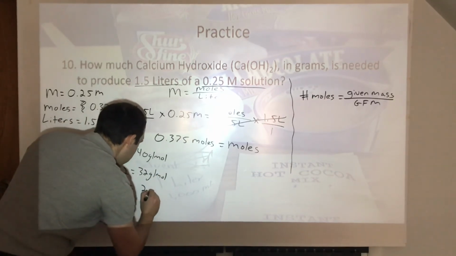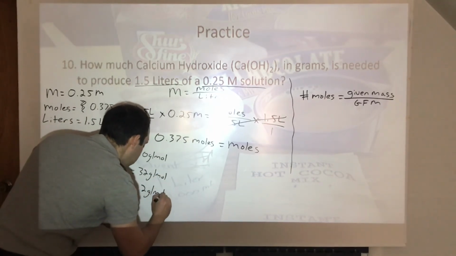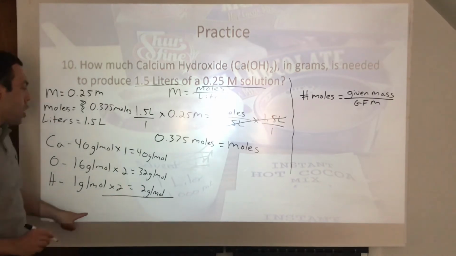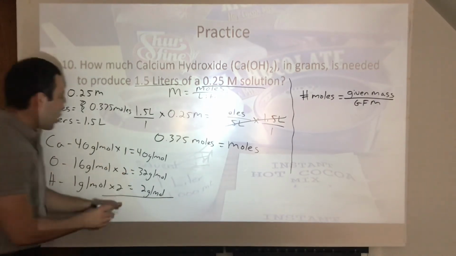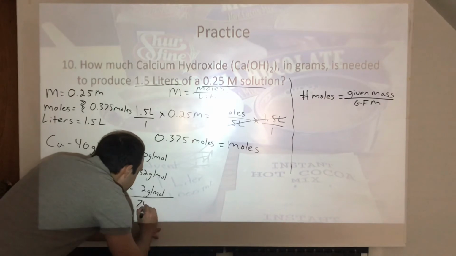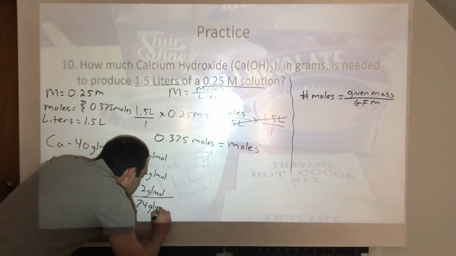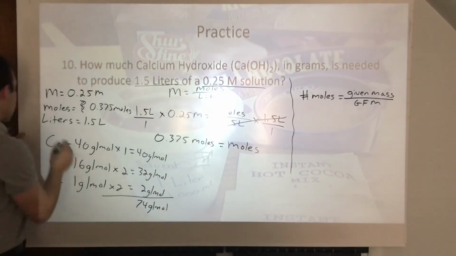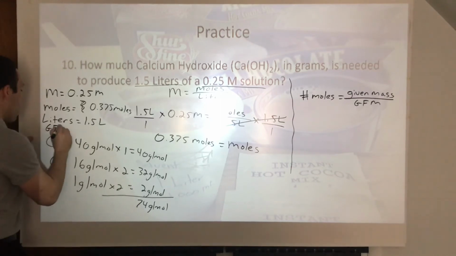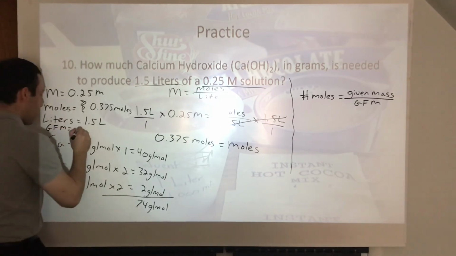And 1 times 2 is 2 grams per mole. When you add all of these up, you get 74 grams per mole. Put this into our known variables.